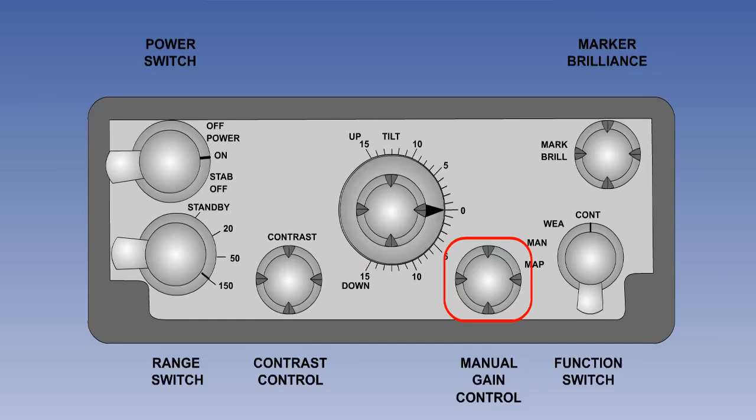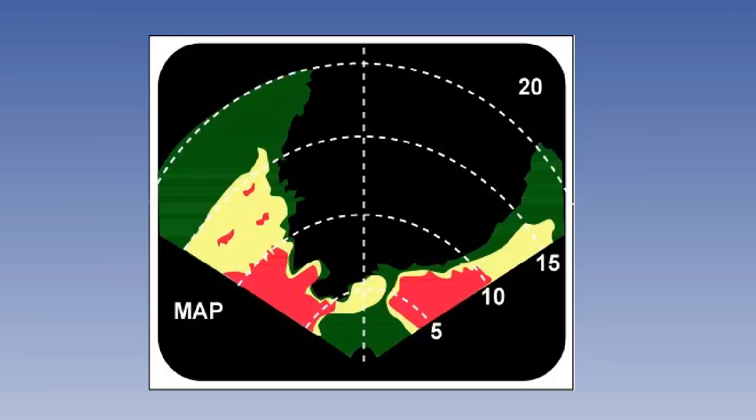Signal amplification is adjustable via the manual gain knob. The downward tilt is adjusted for the best target presentation. Little energy reflects from a calm sea, sand, flat terrain, or snow, which masks ground features, and so returns are weak.